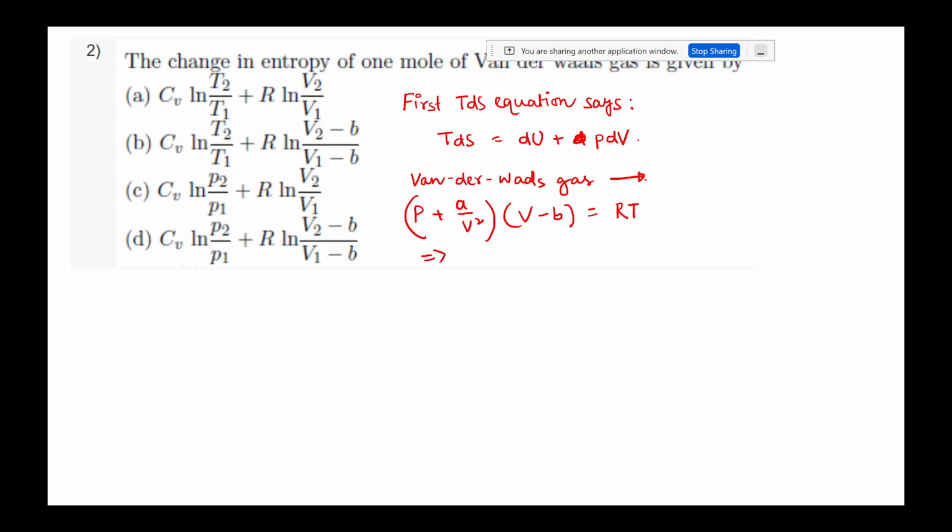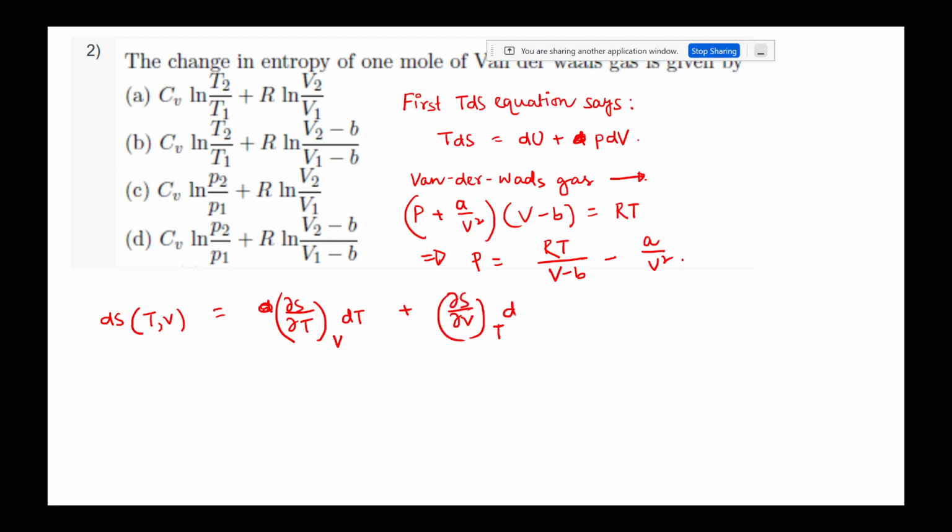So you can write P is equal to RT by V minus b, minus a by V square. Now since dS is a function of T and V, we can write dS as (dS/dT) at constant V dT plus (dS/dV) at constant T dV.